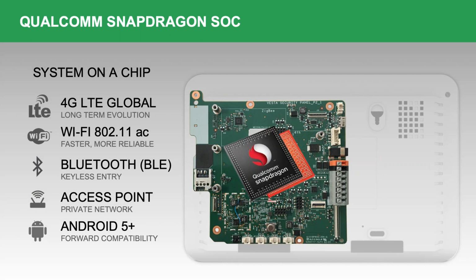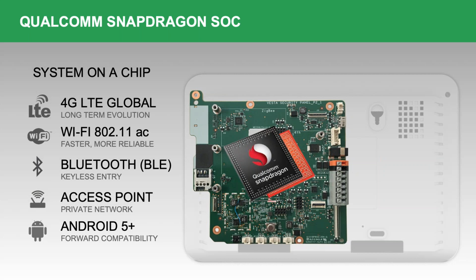Then we have Wi-Fi 802.11ac, which is very fast, reliable, and robust Wi-Fi. For a panel, you might say that's kind of overkill, but we want a panel that's going to keep up with the future. We have Bluetooth Low Energy that we currently use to pair your smartphone and use it for disarming.